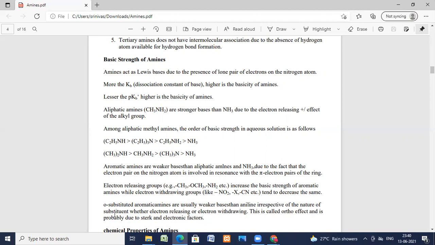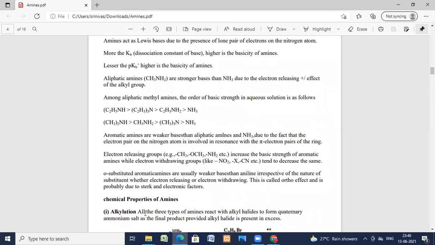Ortho substituted amines are usually weaker bases than aniline, irrespective of whether the substituent is electron releasing or electron withdrawing. This is the ortho effect, which happens due to steric and electronic effects.